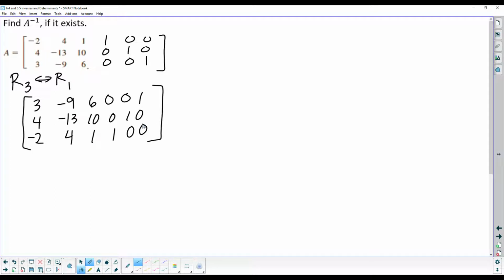Okay, so now I'm going to do row 1 and row 3 added together, and that's going to give us a 1 in our first position. Row 3 plus row 1 going to row 1.